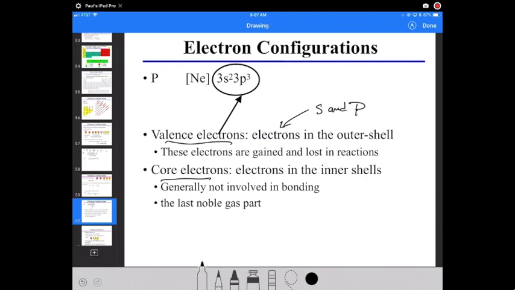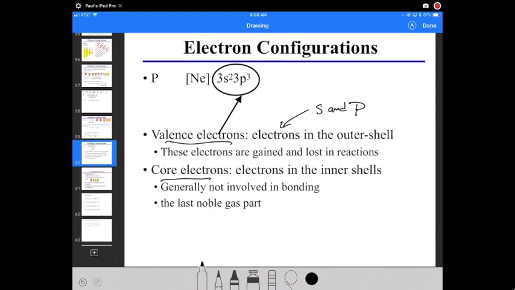You may write a configuration that has d or even f electrons in there, but those are normally not considered valence. Only in special cases do they react. They're usually considered core, the ones that don't react. So, core electrons, valence electrons.